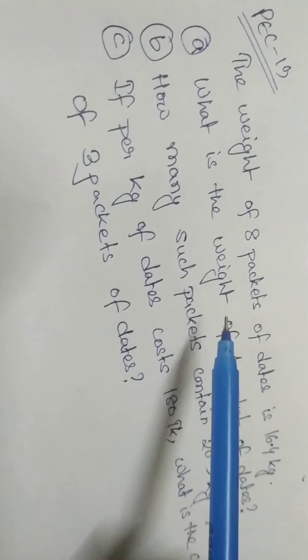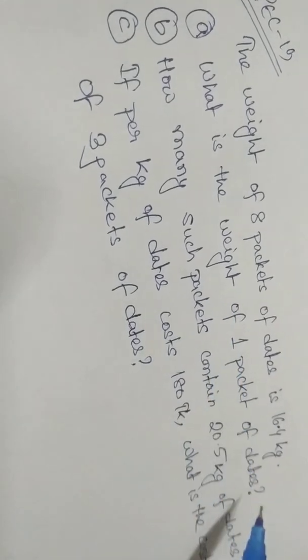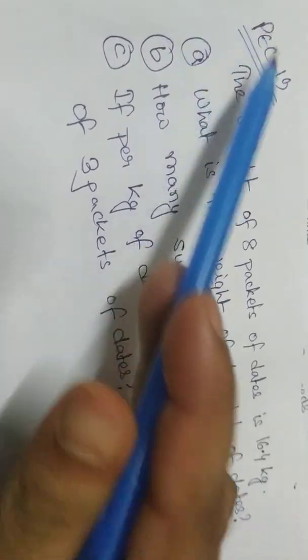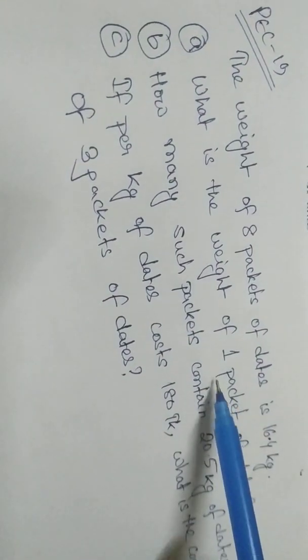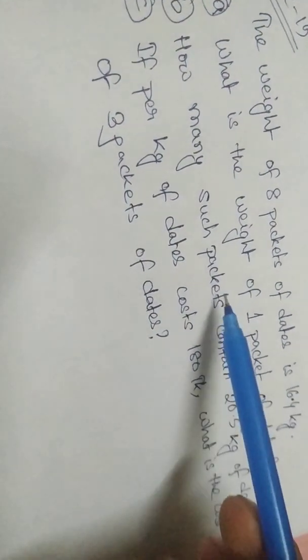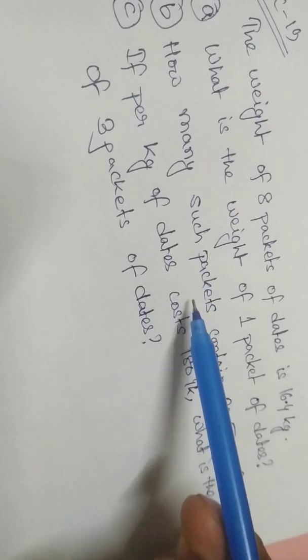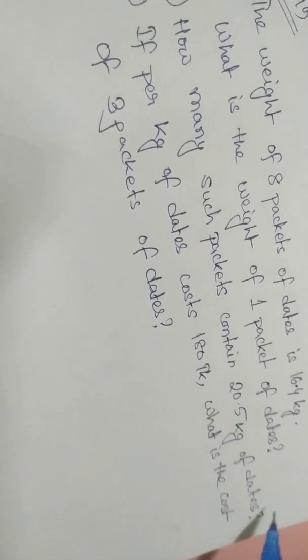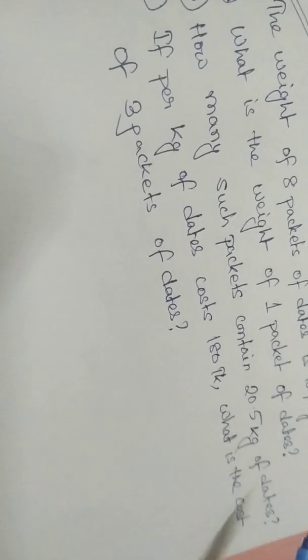The first question is, what is the weight of 1 packet of dates? This actually came in PEC 2019 as well. Next question is, how many such packets contain 20.5 kg of dates? And the final question is, if per kg of dates cost 180 taka, what is the cost of 3 packets of dates?